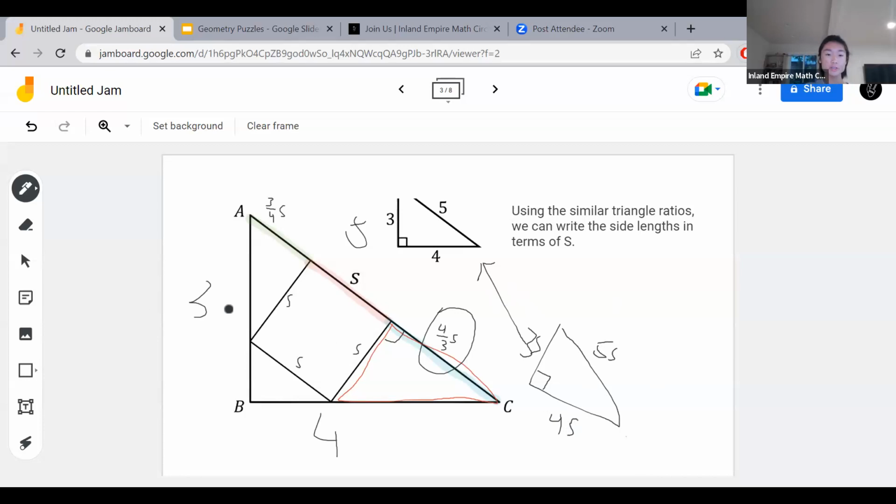And this makes it similar to the big triangle, right? It's in some ratio. So the only thing we did to the side lengths to get from this triangle to this triangle is we multiplied it by S. And we multiplied all 3 sides by S. So do we understand that part?